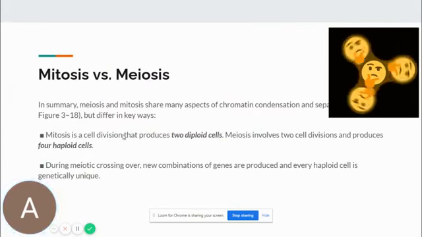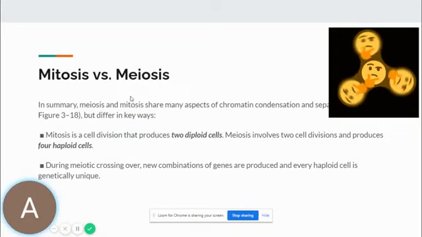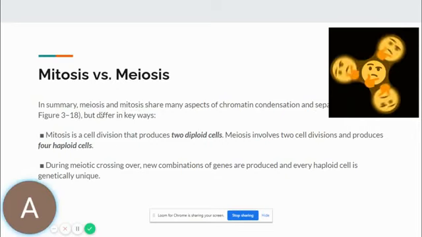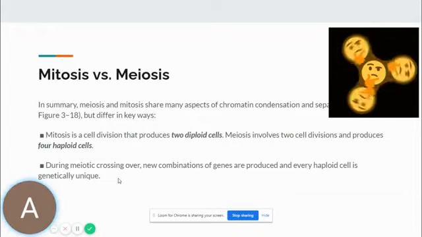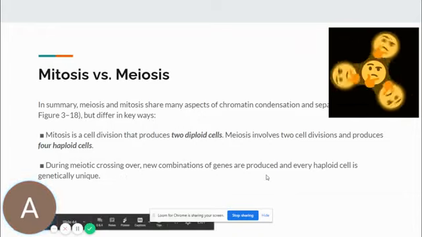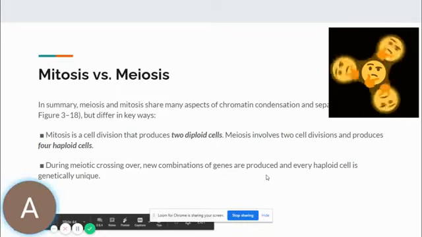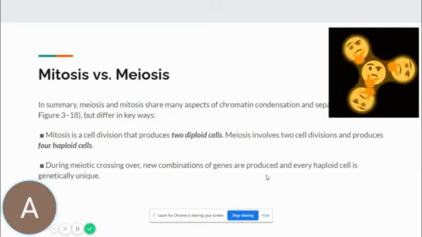So in mitosis versus meiosis, in summary, meiosis and mitosis share many aspects of chromatin condensation and separation, but differ in key ways. So mitosis is a cell division that produces two diploid cells, whereas meiosis involves divisions that produce four haploid cells. So during meiotic crossover, new combinations of genes are produced, and every haploid cell is genetically unique.